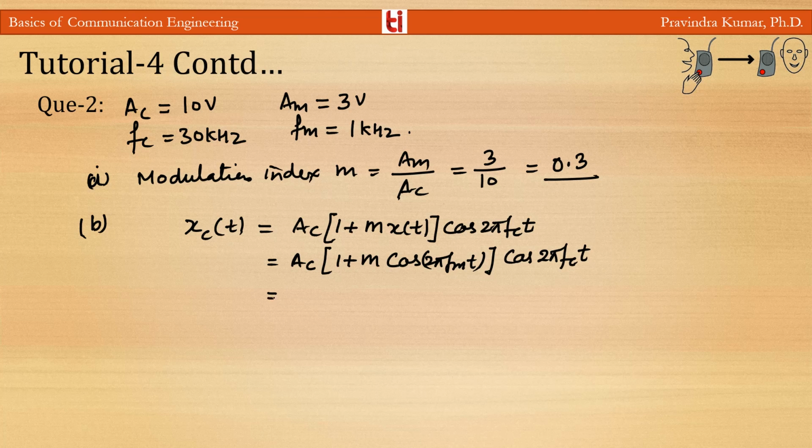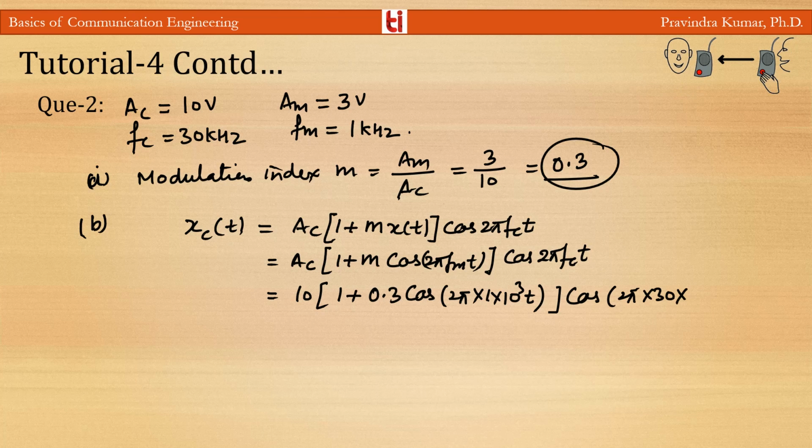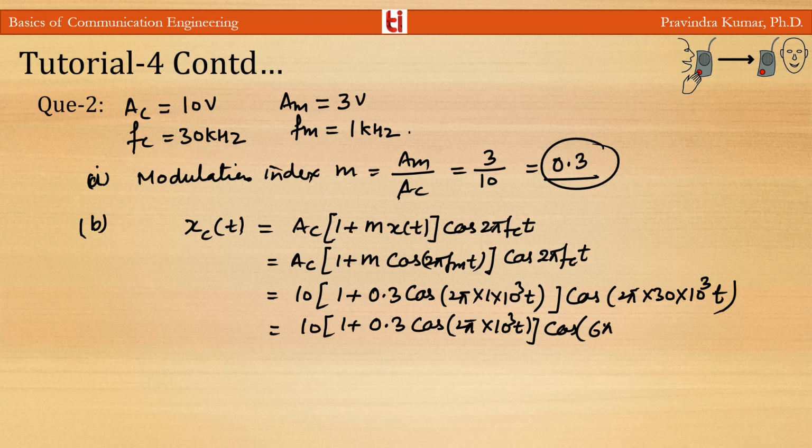Or we can write it as 10 times 1 plus 0.3, which we calculated here, cos 2 pi times fm, given as 1 kilohertz, so 1 into 10 to the power 3 t, and cos 2 pi times fc, which is 30 kilohertz, 30 into 10 to the power 3 t. Or we can write it as 10 times 1 plus 0.3 cos 2 pi 10 to the power 3 t, times cos 6 pi 10 to the power 4 t. So this is the equation of the modulated AM wave.